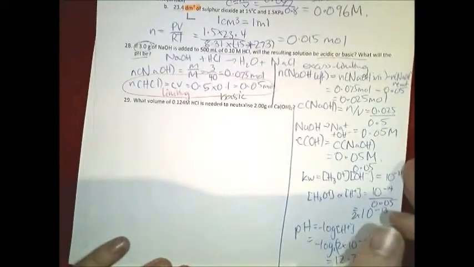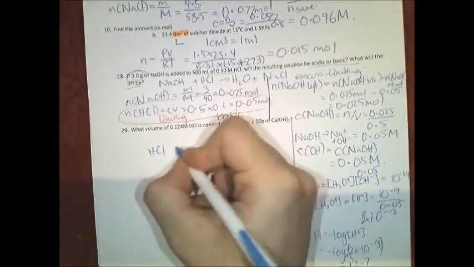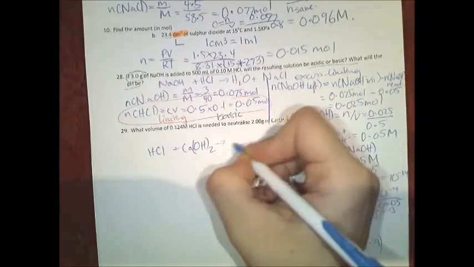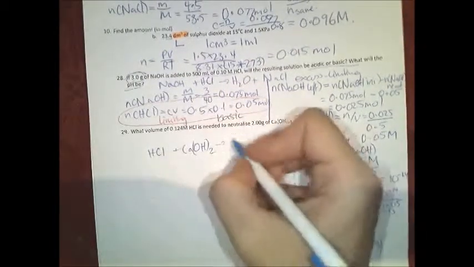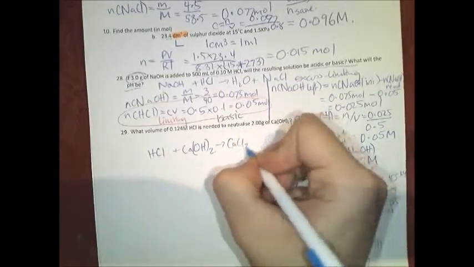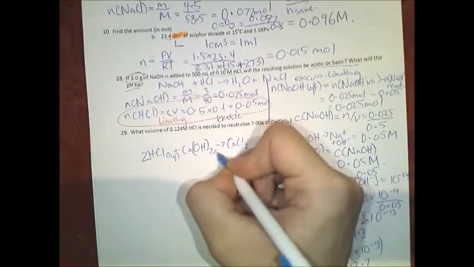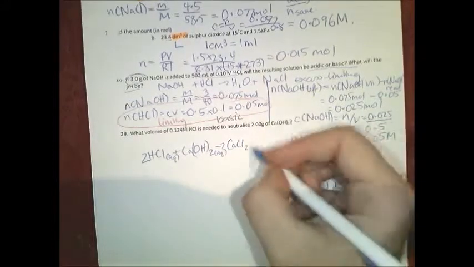Second last question. What volume of HCl is needed to neutralize 2 grams of calcium hydroxide? Now, this is not an excess limiting. They're actually getting you to work out how much is required for stoichiometric ratios. So importantly, we need to write a reaction. CaCl2, this is the aqueous. Calcium hydroxide is slightly soluble.